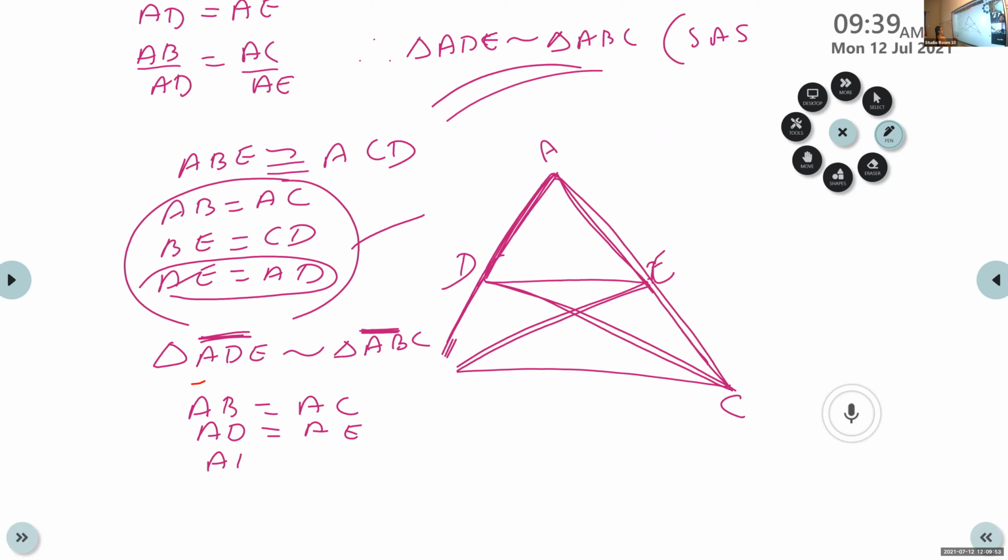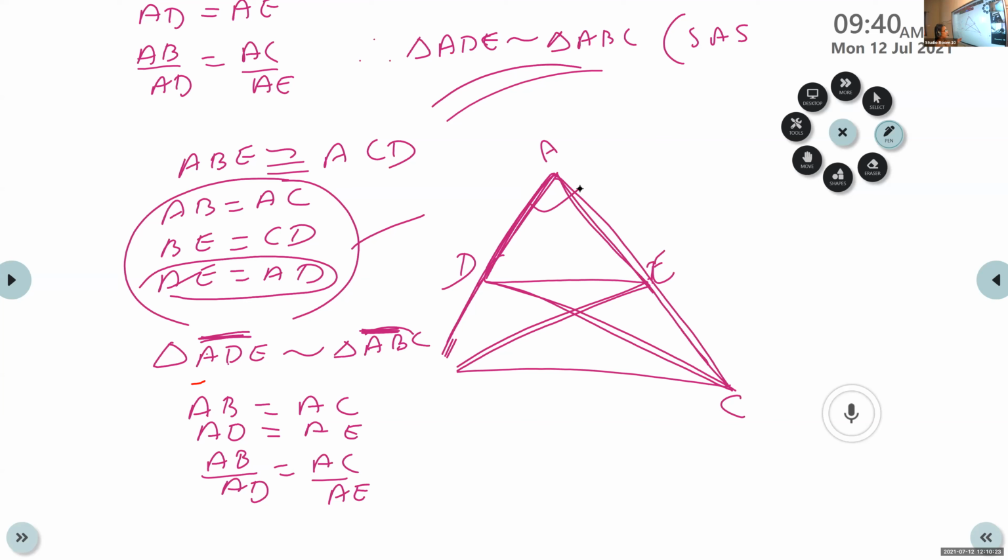Now dividing we get AB by AD equal to AC by AE. These two are the two corresponding sides of the required triangle where we need to prove similarity. And also we have A as a common angle.